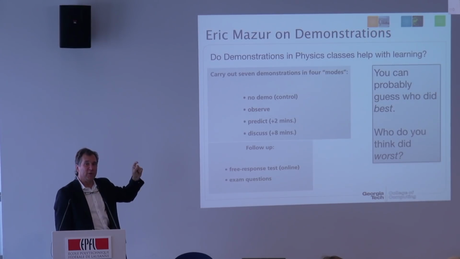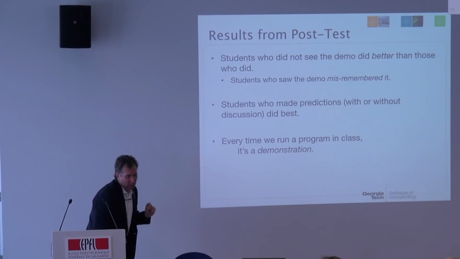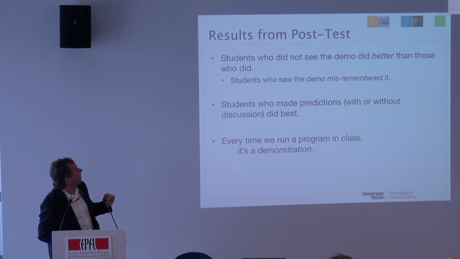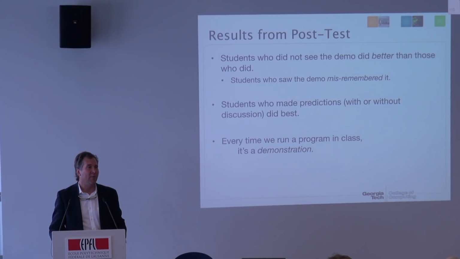The critical part is not the discussion. The critical part is making a prediction and finding out that you're wrong. And the really interesting reason is because the students who did not see the demo did better than those who did. Those who saw the demo 2 weeks later actually misremembered it. They wrote down the wrong answer and then said, as seen in classroom demo.